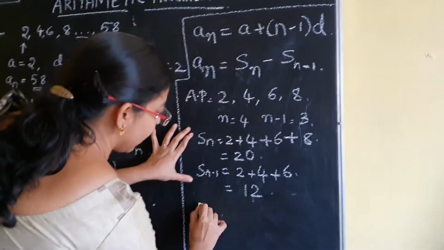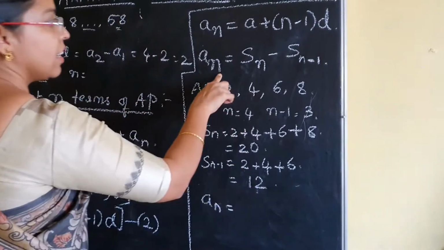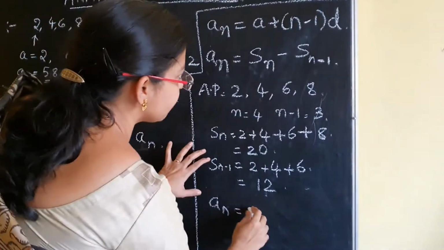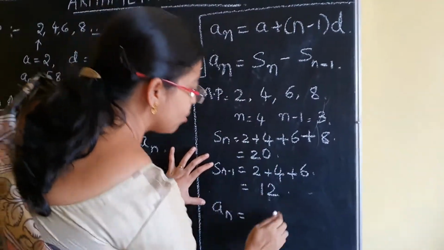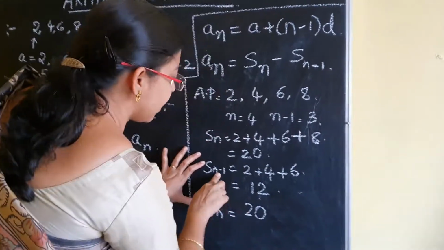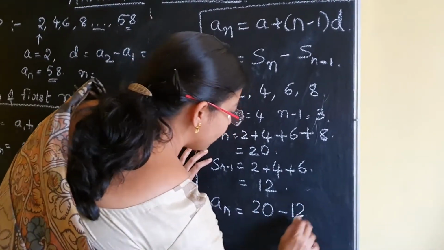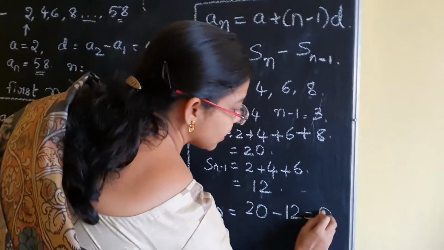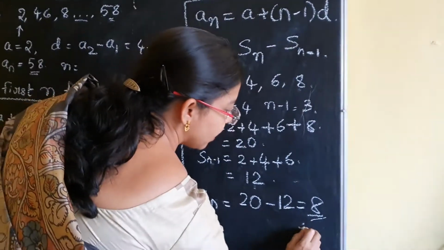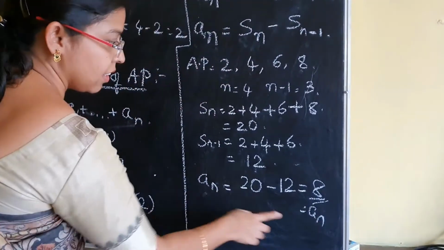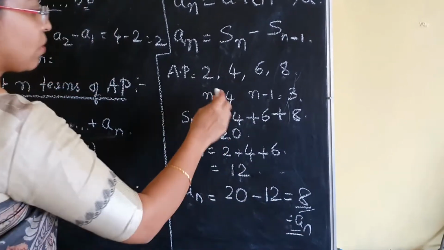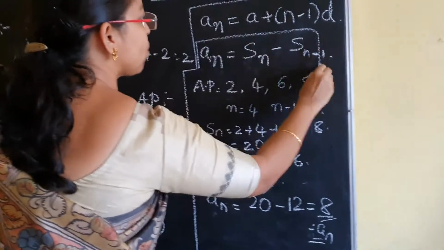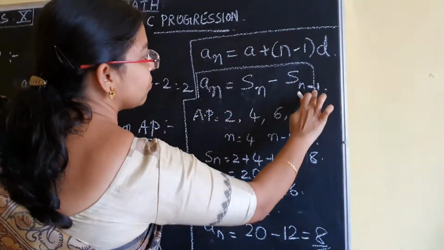Now our an, let's get back to this formula. an is equal to Sn minus S n minus 1, that is 20 minus 12, which gives you 8. 8 is nothing but the last term, which is an. Right, we got that. So this is one of the formulas which we will be using to solve a few problems.